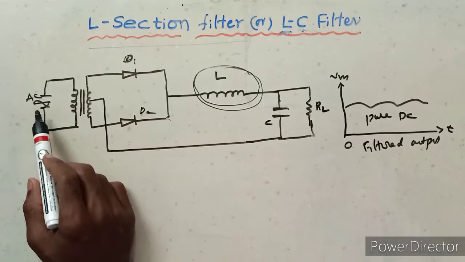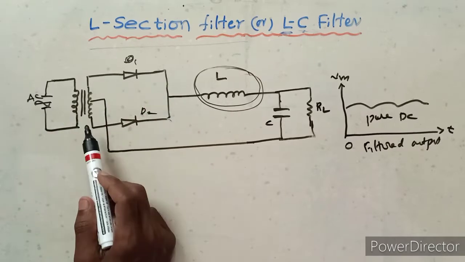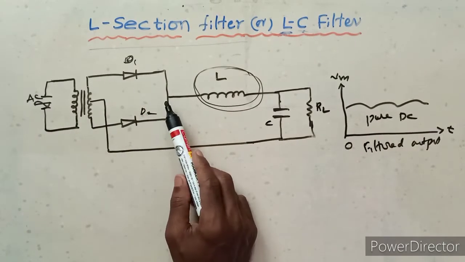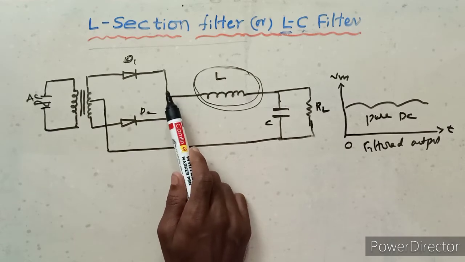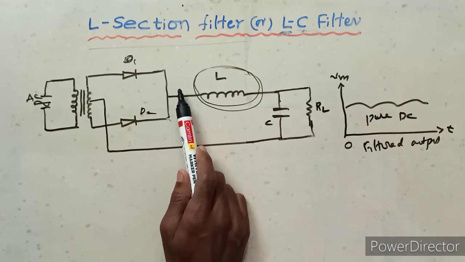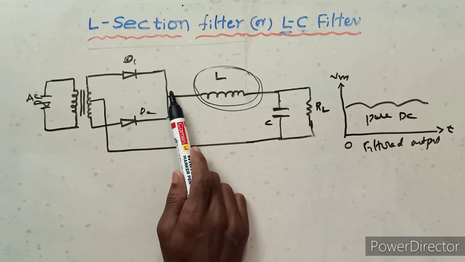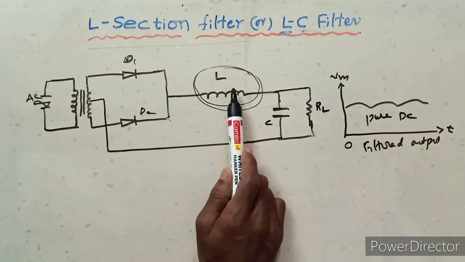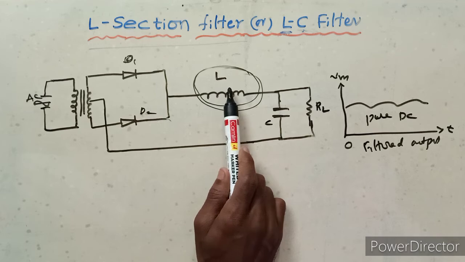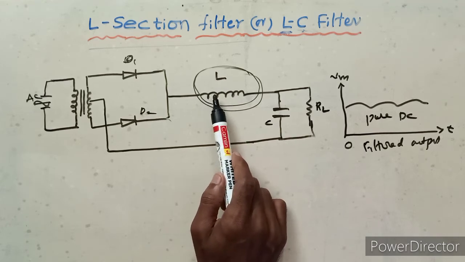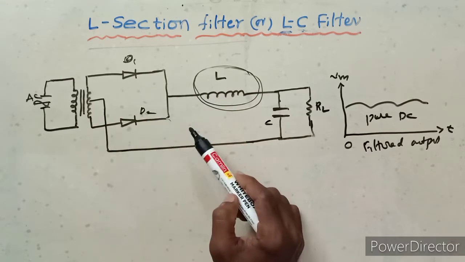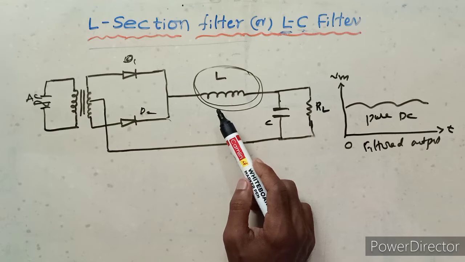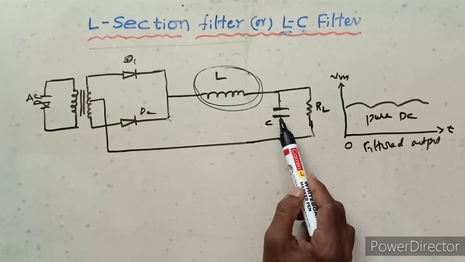So first of all, this is the full wave rectifier. Finally the result is the pulsating DC or ripple DC. So that ripple DC through the L section filter, some AC components are blocked. But some part of AC components bypassed through the L. Those AC components go through the shunt capacitance.